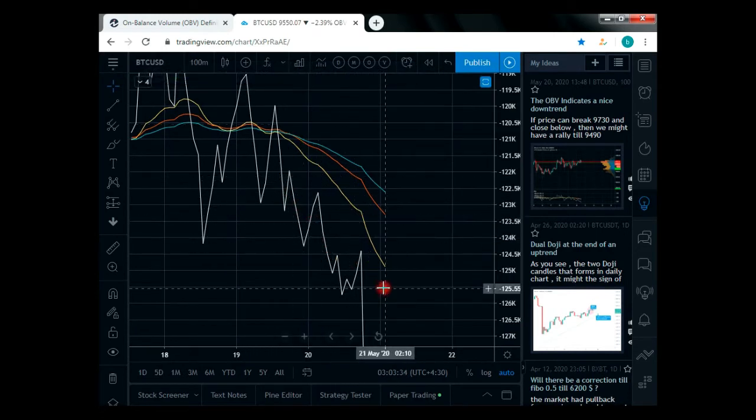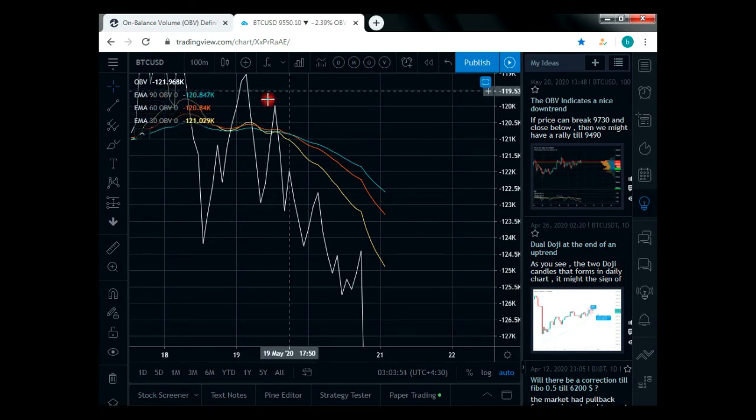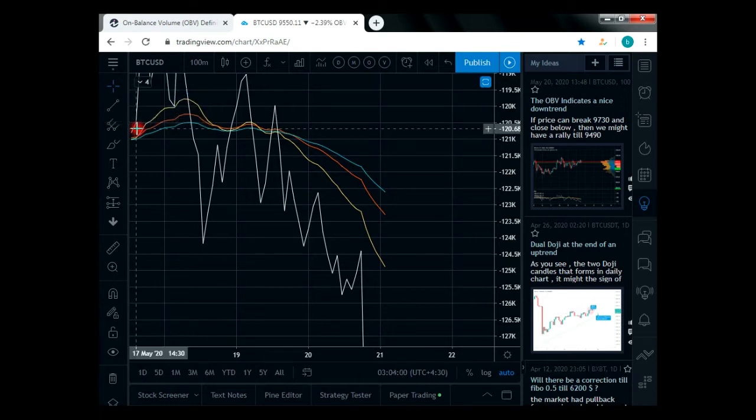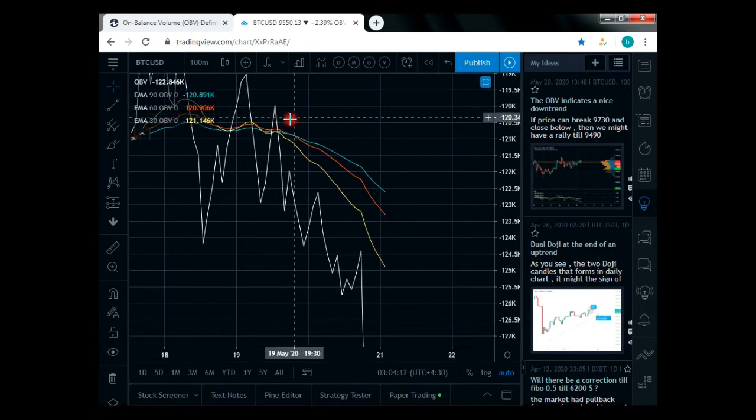What interests me is the unbalanced volume that is showing here in white, the real unbalanced volume, and these three lines indicate three exponential moving averages, which I chose as 30, 60, 90, because every stock screener, or to be specific, crypto screener, looks at these time periods, which, as I mentioned earlier, is why you choose a multiple of 5.